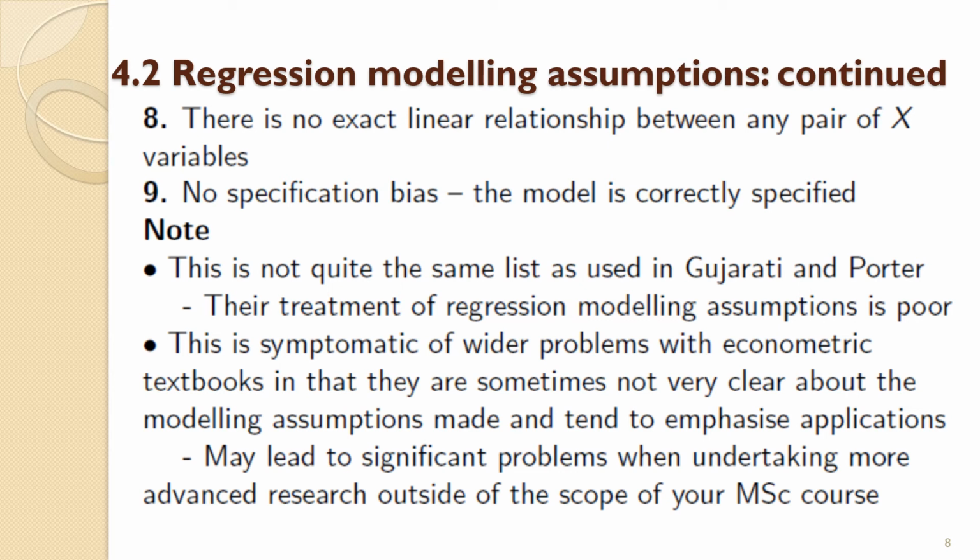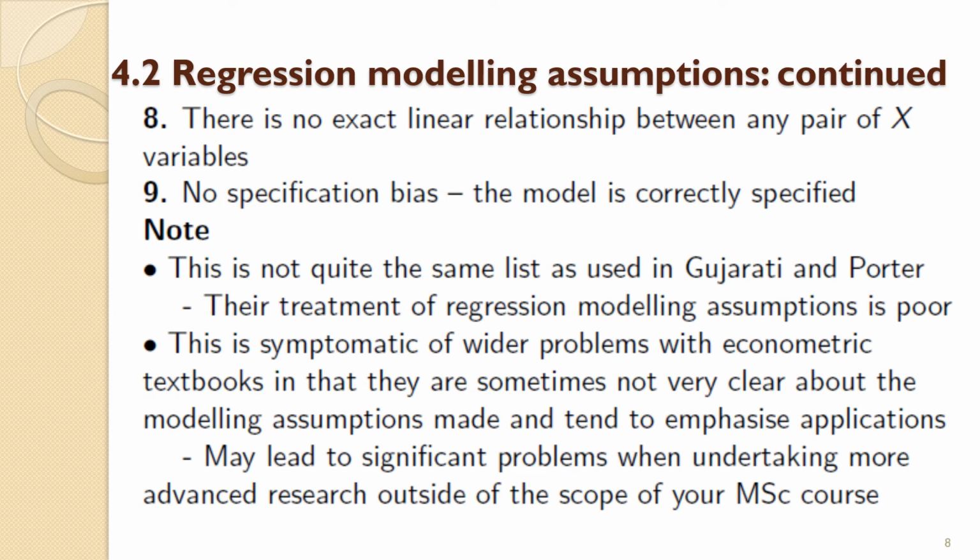So this isn't quite the same list as used in Gujarati and Porter. Now, I'm sometimes a little bit rude about their book. They do have a good choice of topics, but I think their treatment of regression modelling assumptions is quite poor and quite imprecise. I think this is sort of symptomatic of wider problems with econometric textbooks, and that they're sometimes not very clear about the modelling assumptions that they make and tend to emphasise applications.